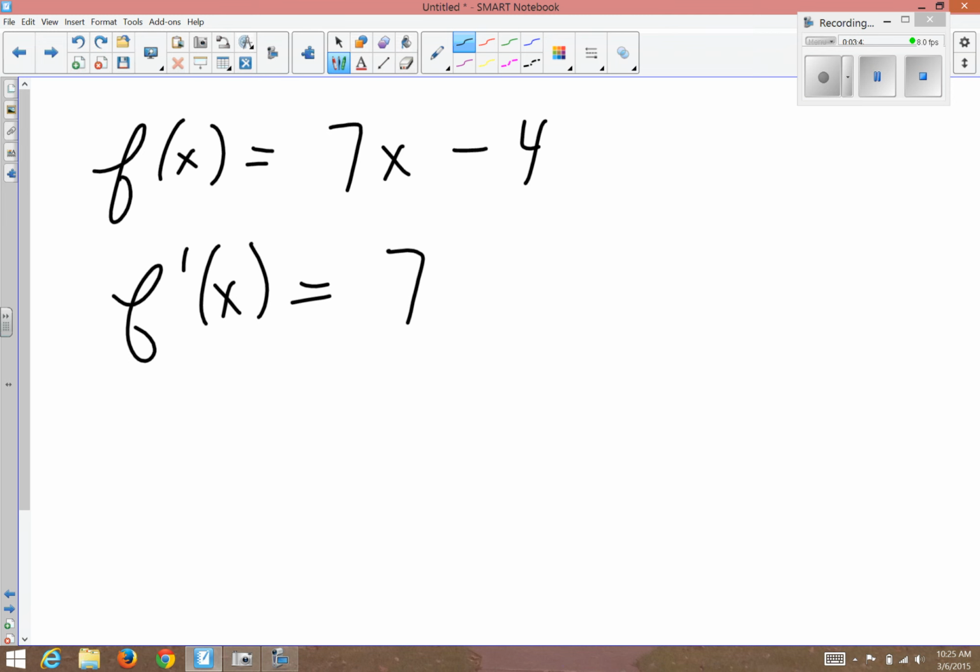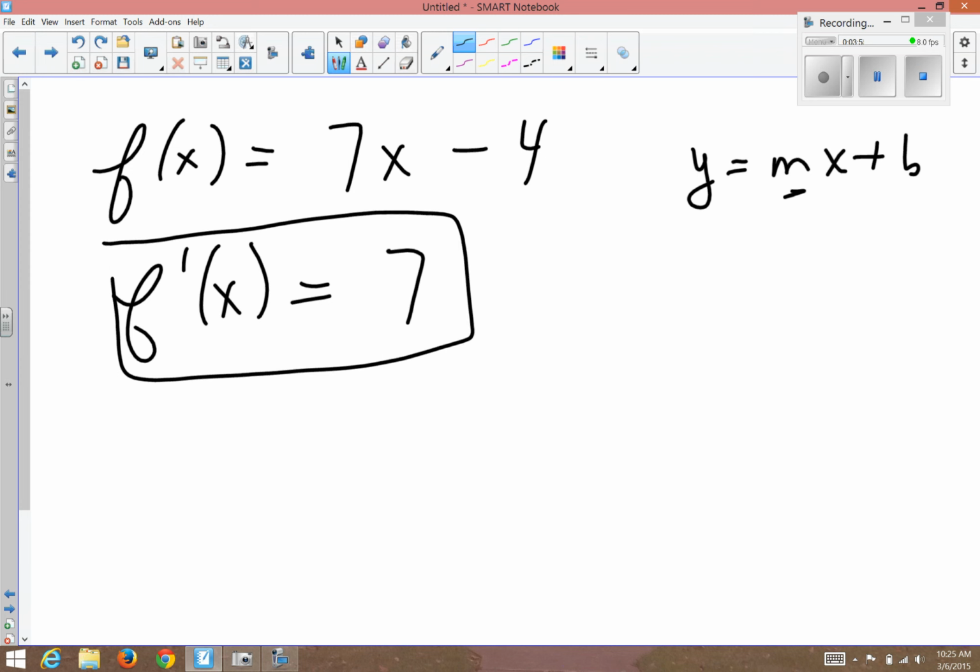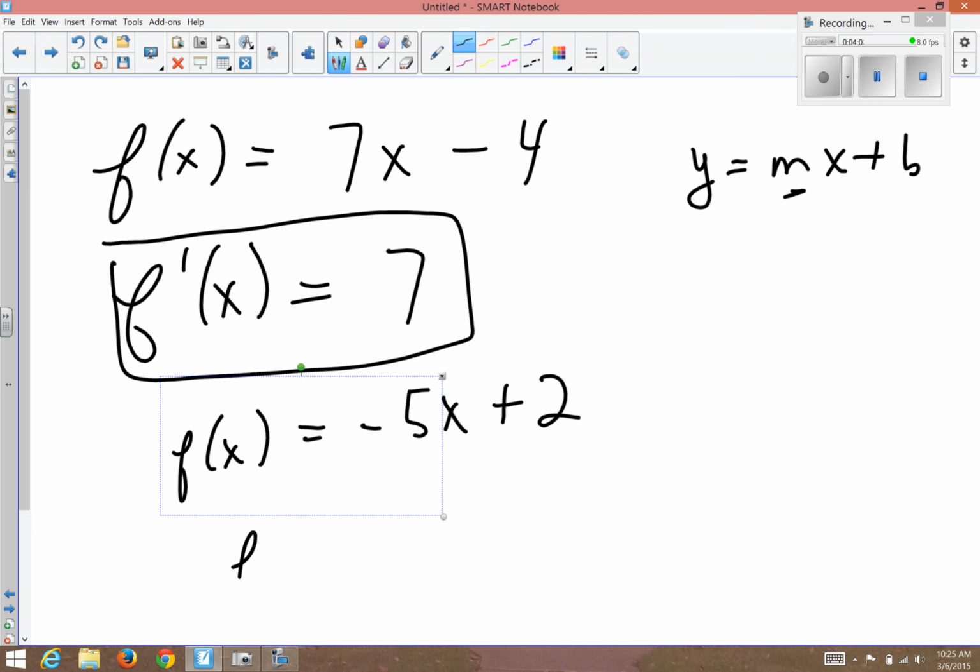When an equation is in the form y equals mx plus b, the number multiplied to x is called the slope. And now we're just saying another name for slope is derivative. If a function is linear, negative 5x plus 2, then the derivative means the slope of the line.